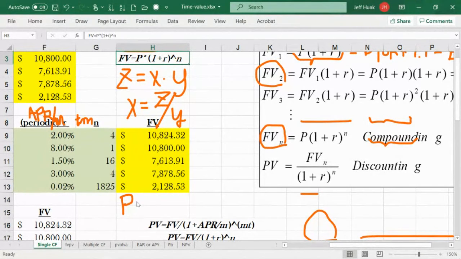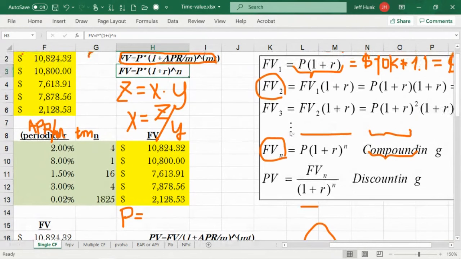So to find P, it's FV over 1 plus r raised to n.